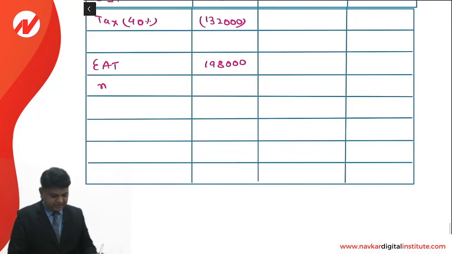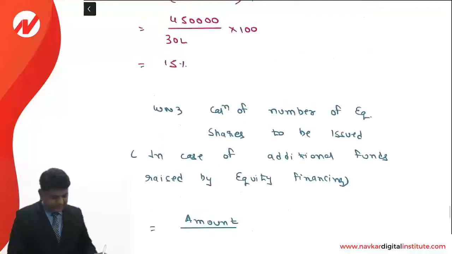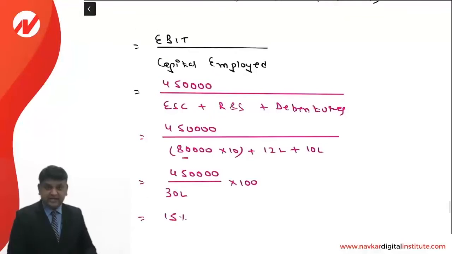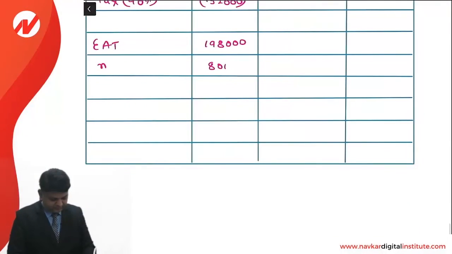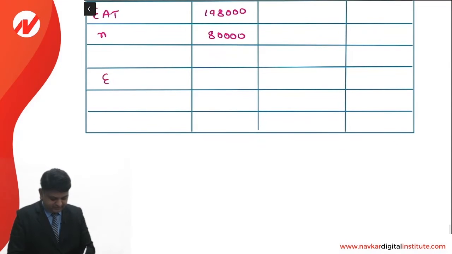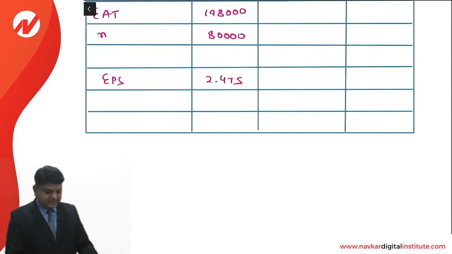Number of equity shares. Existing number of equity shares are provided as 80,000. So the earning per share will be found as balancing figure 2.475. No clarification is made with respect to the number of decimals.